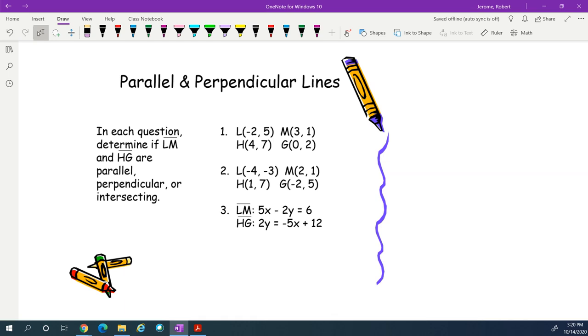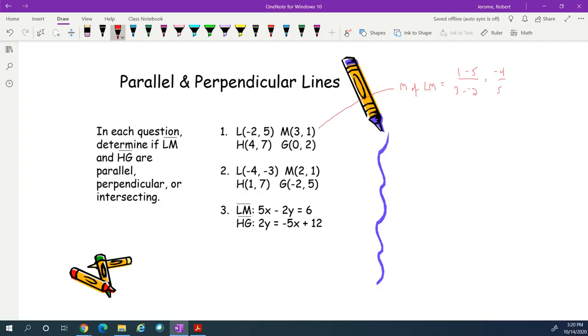So what do we have to do? We have to find the slope of LM. So how are we going to find the slope of LM? 1 minus 5, over 3 minus negative 2. That's negative 4 over 5.